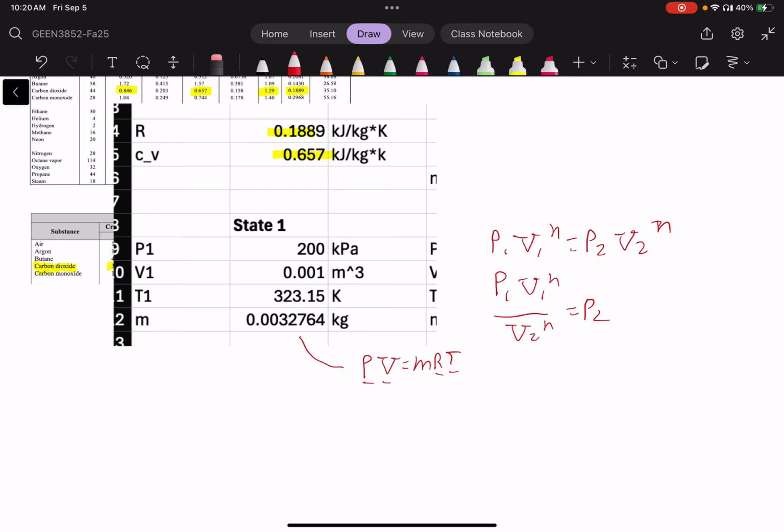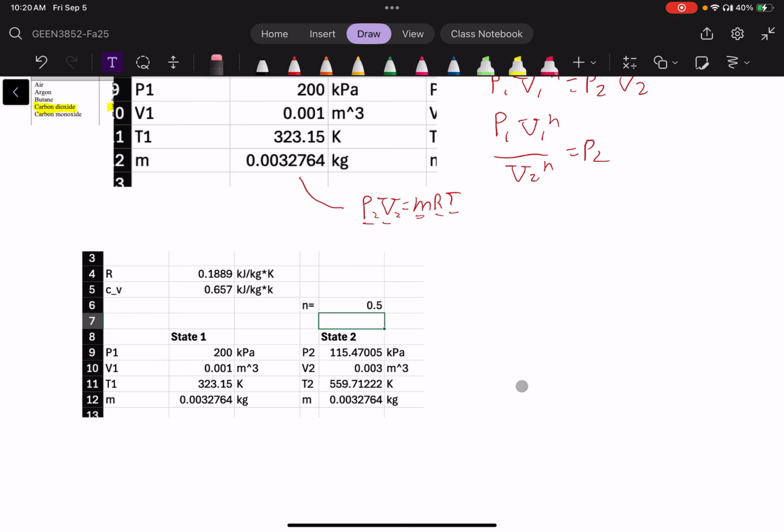Again, I know pressure, I know volume, the mass stays the same, I know R, so I can calculate the temperature at state 2. I can go ahead and do that for this first value of n equals 0.5. And so I have the values at all my states.